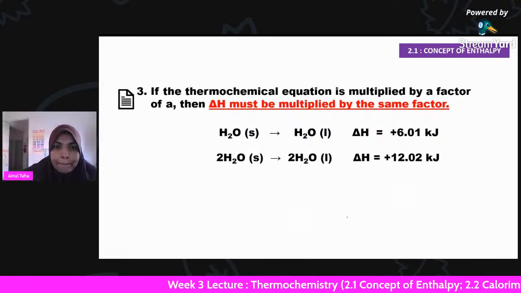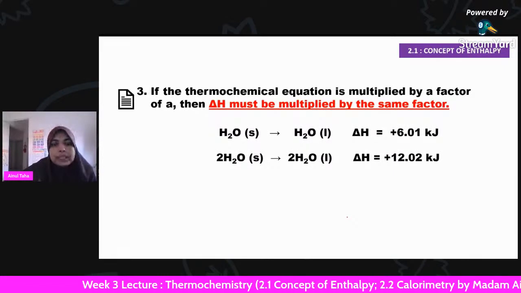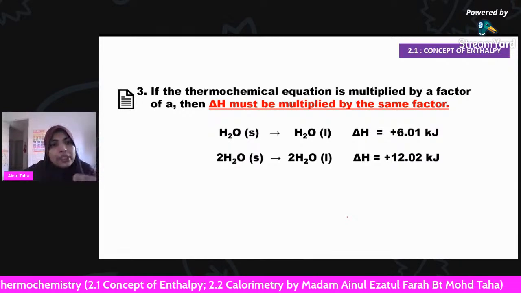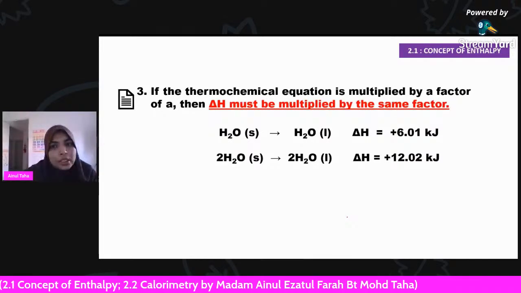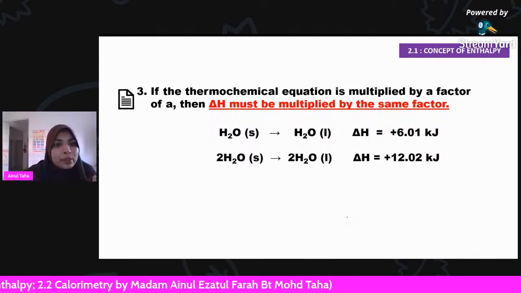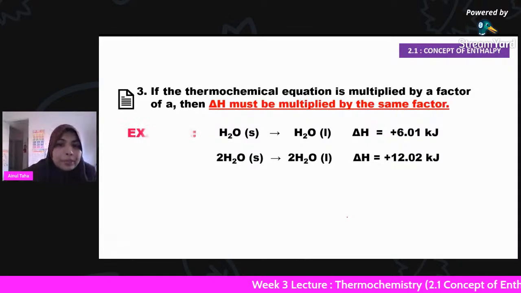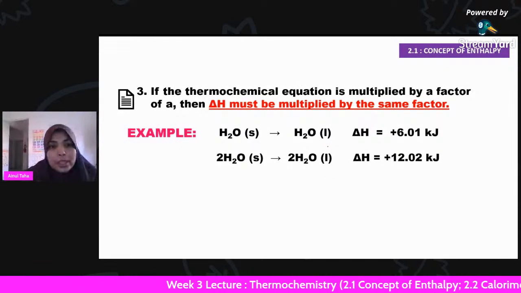Okay, but we have the third criterion, which is: if the thermochemical equation is multiplied by a factor of A, then the enthalpy change must be multiplied by the same factor. For example, we take the same example.